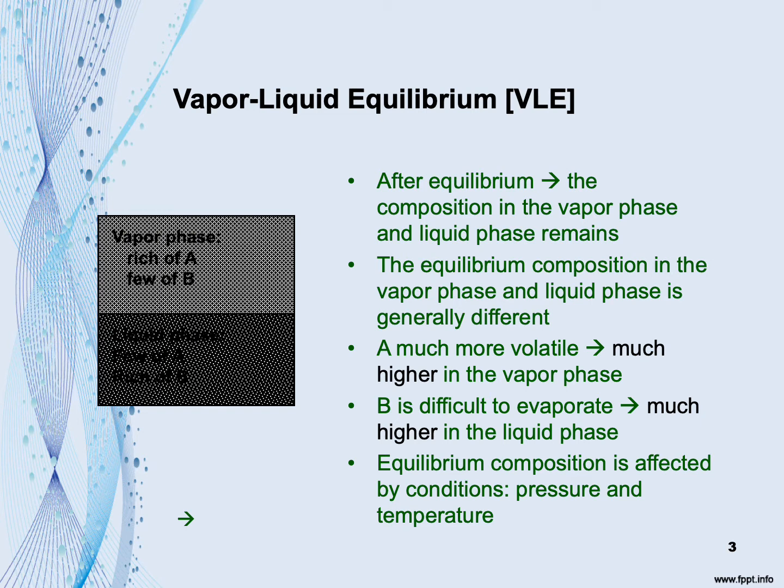In this case, the vapor phase will be rich in component A, and just very little B. In the bottom phase, the liquid phase, B is difficult to evaporate, so B will remain in the liquid phase with still a little bit of A. So the equilibrium composition is affected by conditions, the pressure and temperature, and also the composition, of course, of those components.